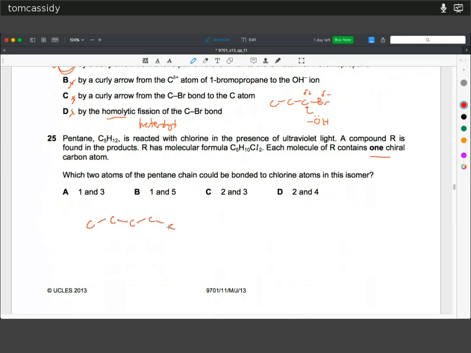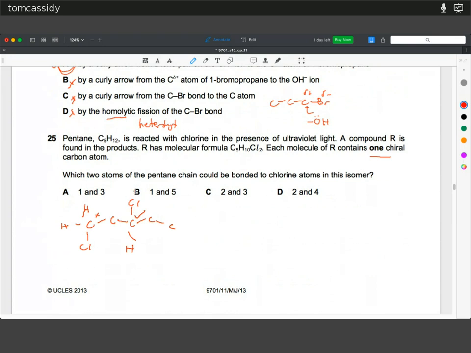I won't draw the hydrogens in again, and it's saying we've got a chlorine there and a chlorine there. If you draw the hydrogens on here, that's clearly not chiral because you've got 2 of the same atoms there. But if you come over here, this carbon atom has a chlorine atom there, a hydrogen atom there, all of this on the left-hand side, and something different on the right-hand side. So that means you've got a chiral center there.